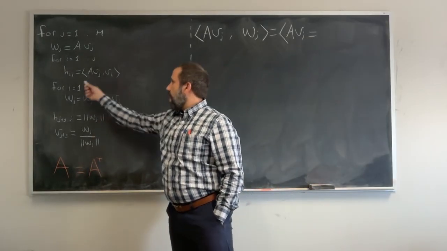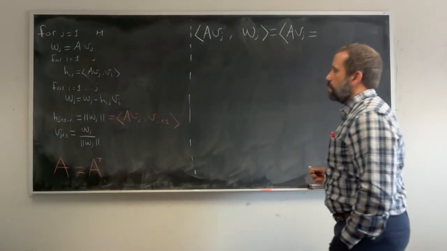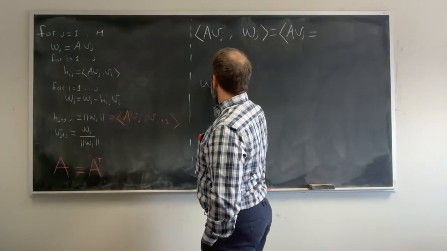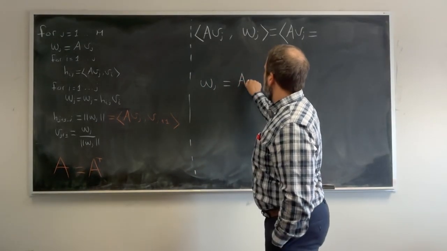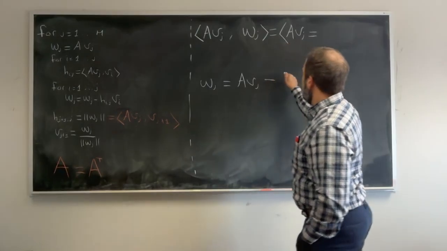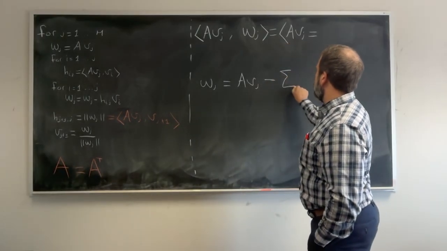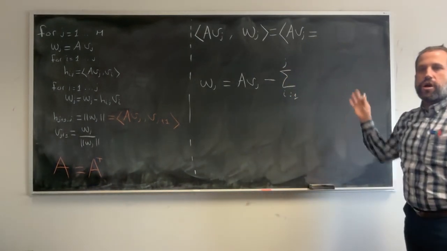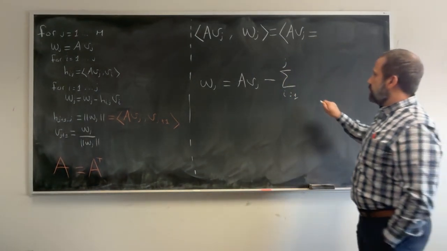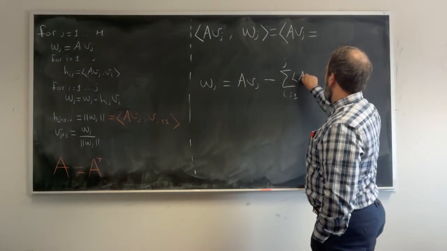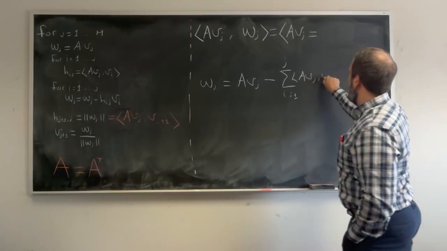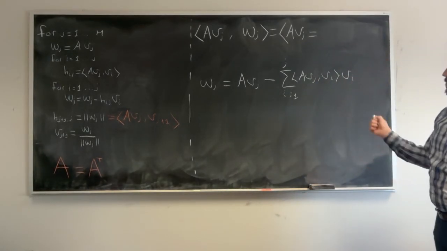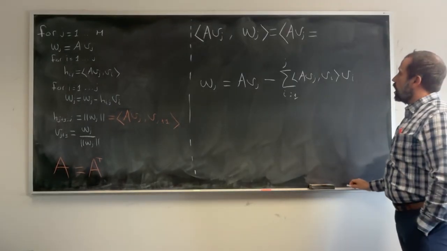Wj is given by this formula. Let me remind you what Wj is. You start with AVj, and you subtract off its projection onto the previous vectors, the sum for i equals 1 to j of the inner product of AVj with Vi, times Vi.